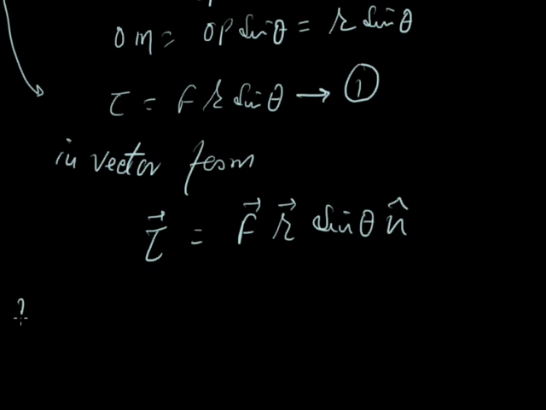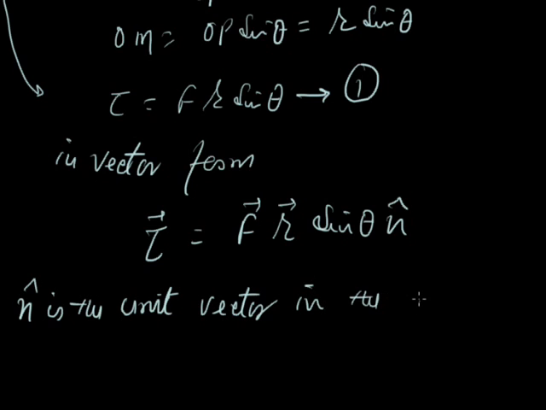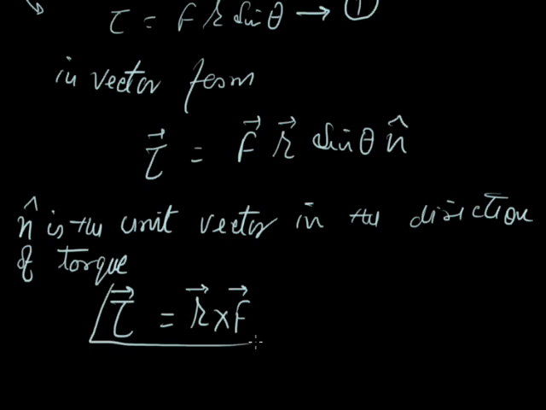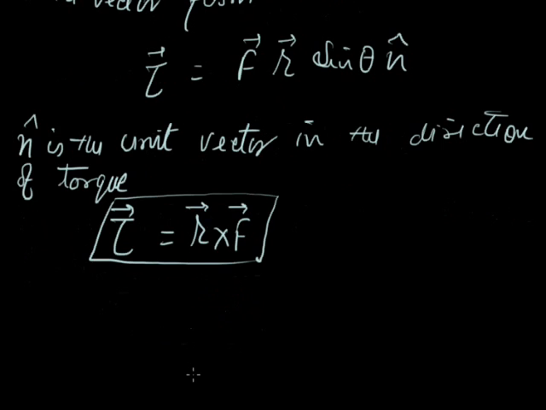By the right hand thumb rule, we can also write the vector form: tau will be R cross F. This is the required relation between the torque, force and distance R, perpendicular distance.